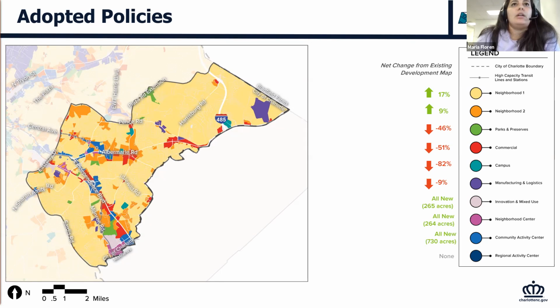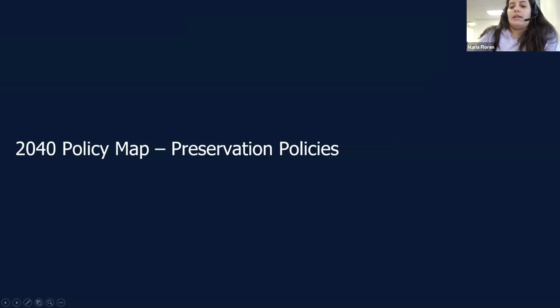So like I said, we determined which place type assignment was best based on a market perspective. And so this map reflects how Charlotte would grow and change if we didn't implement any of the recommendations from the Charlotte Future 2040 Comprehensive Plan. So now I'm going to dig into the policy map.